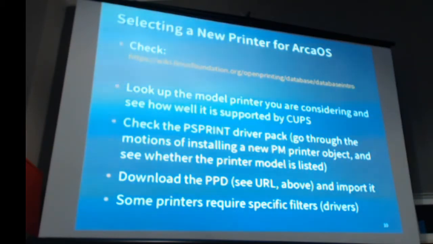A lot of the all-in-ones may be supported for printing, but not supported for scanning. Some of them are supported for scanning using SANE. Again, that's outside the realm of printing. But if you're buying an all-in-one unit, you'd like it to be doing more than just one thing, because otherwise why would you get an all-in-one unit? CUPS doesn't do scanning, does it? No, SANE does scanning.